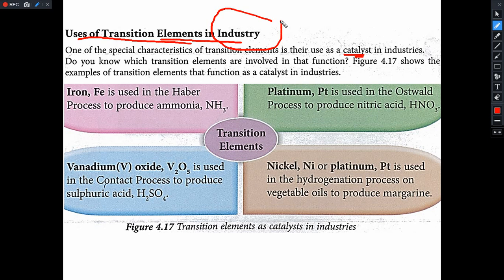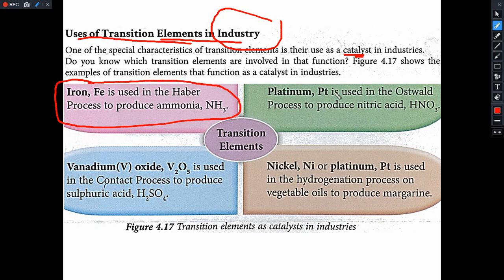So usually we use catalyst to speed up the rates of reaction. And I advise you to memorize at least one example of catalyst of transition element. So I encourage you to memorize this example.